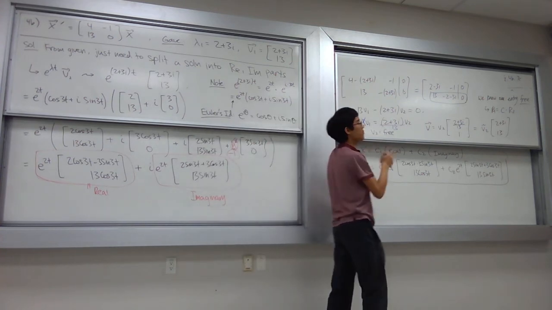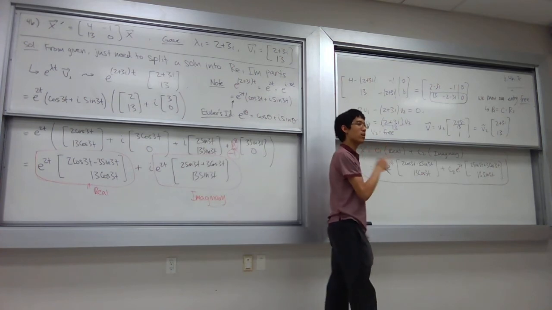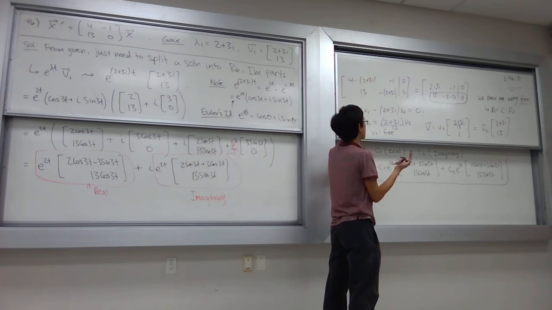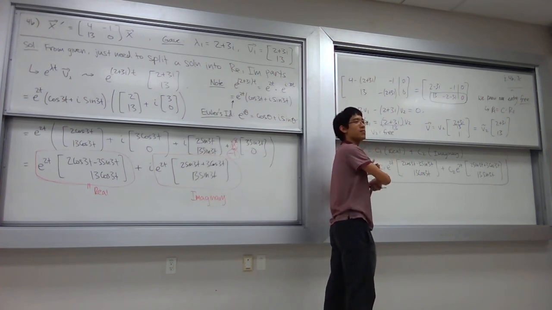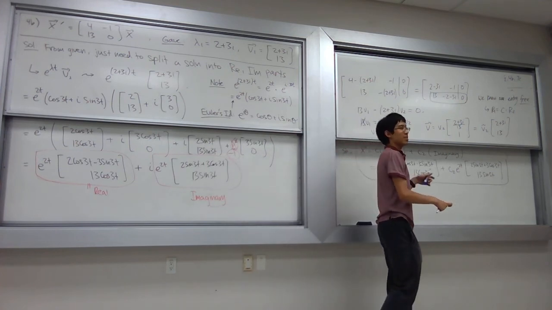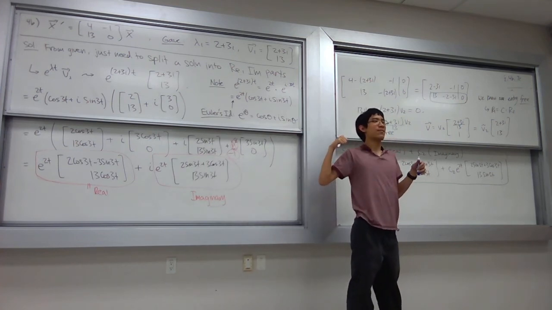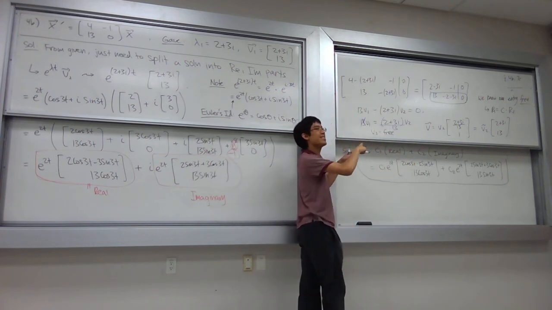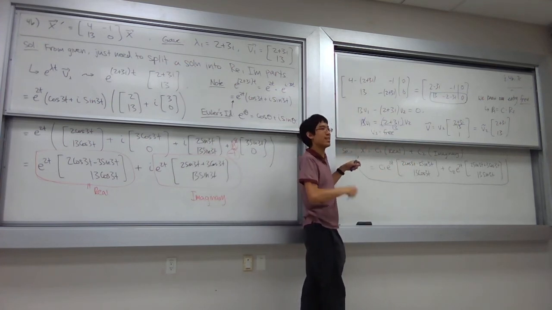Heuristically, we know that one variable has to be free, like one of the entries has to be free. It doesn't matter which one. We could set V1 to be free and then have V2 be defined in terms of V1 or vice versa. It has to be free because we know that this lambda is an eigenvalue. If it's an eigenvalue, there has to be an eigenvector, meaning there has to be a free entry that we can get such a vector from.